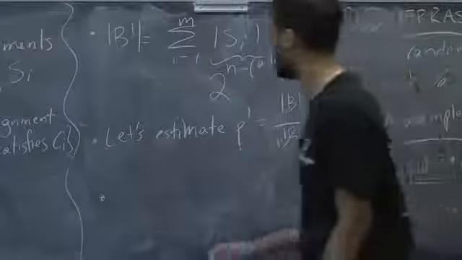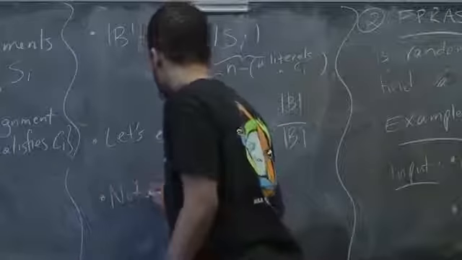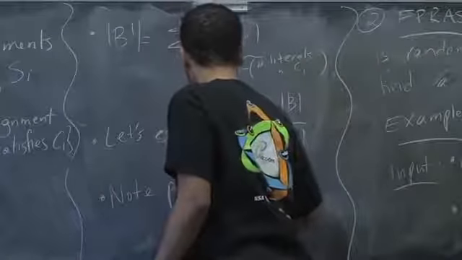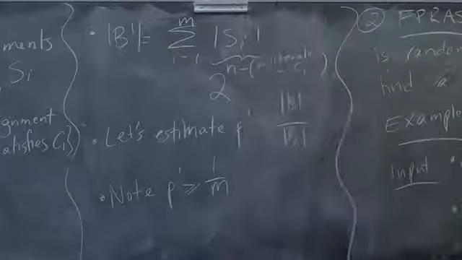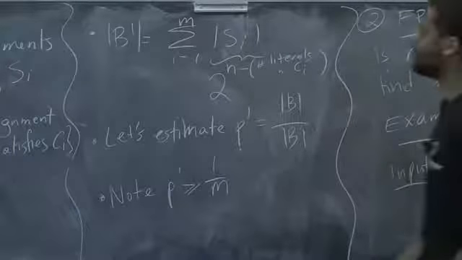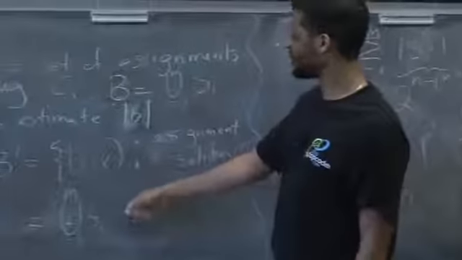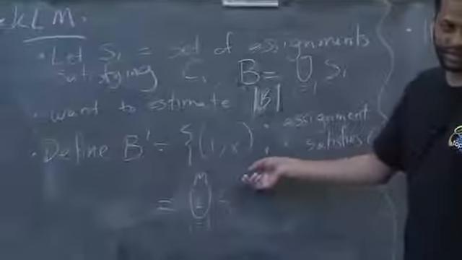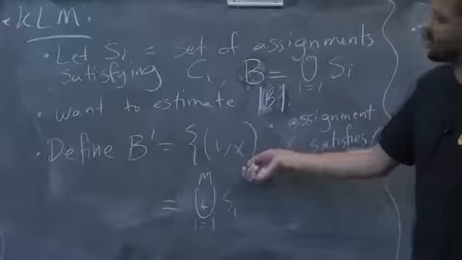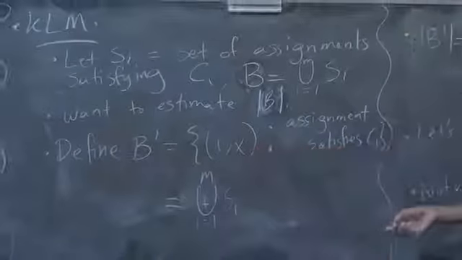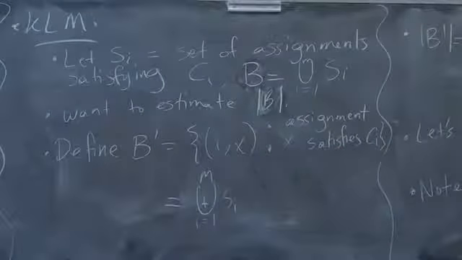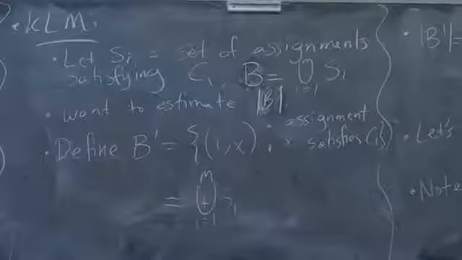Note p prime is at least 1 over m, because each assignment in B appears at least once in B prime, and it appears with multiplicity at most m. So B prime is at most an m factor larger than B is. So p prime is not too small.